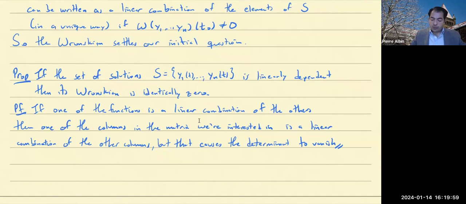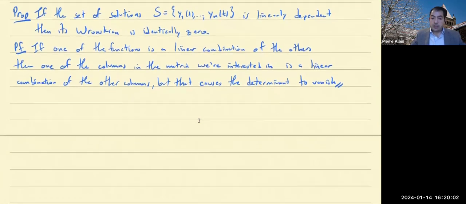The second important property of the Wronskian is a theorem due to Abel, Niels Heinrich Abel.